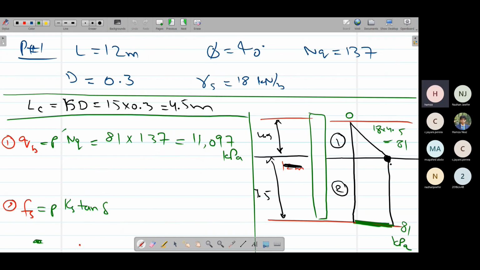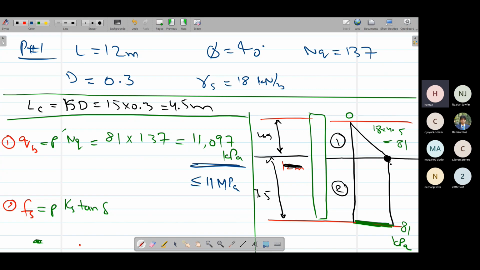One thing we have to keep in mind is that this base resistance value should not be equal to or more than 11 megapascal. It should be less than or equal to 11 megapascal.